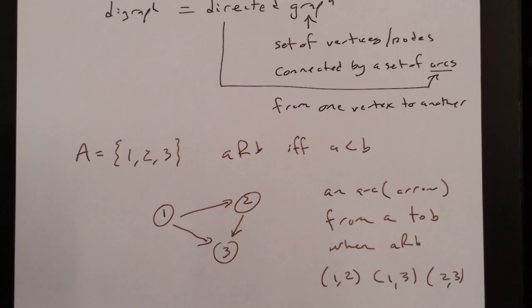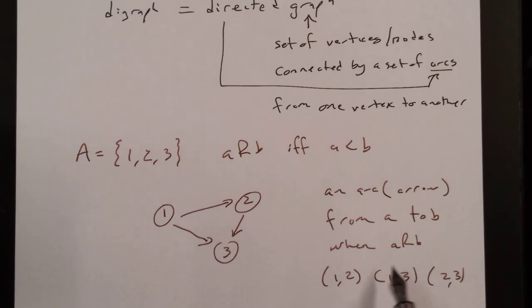Make sense? So in this case, a directed graph, a digraph, is a set of nodes and arrows. But really, I'm still kind of working off the set of ordered pairs, yes?